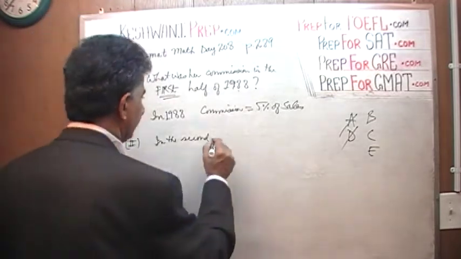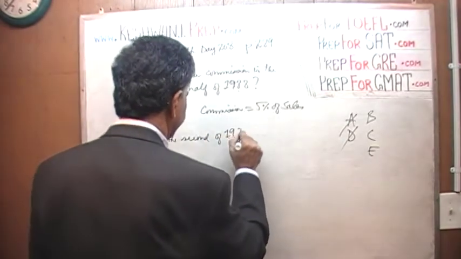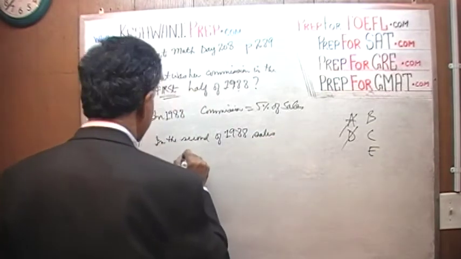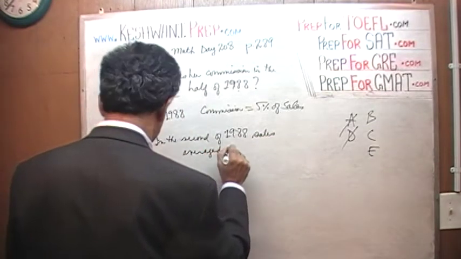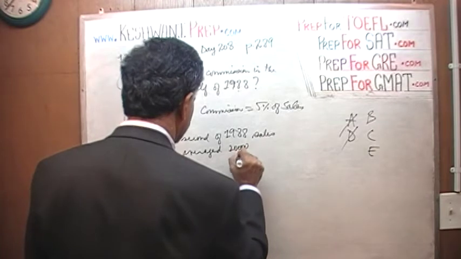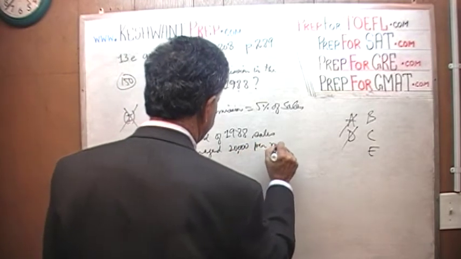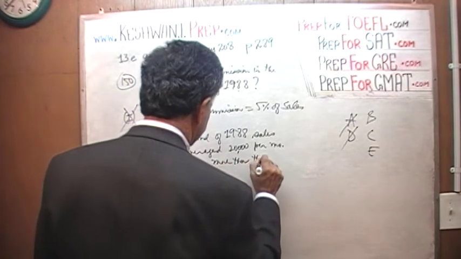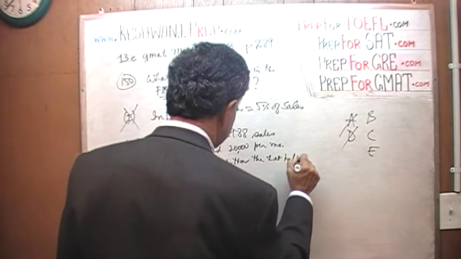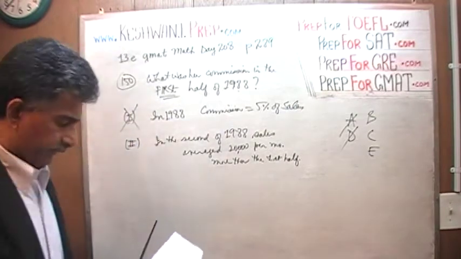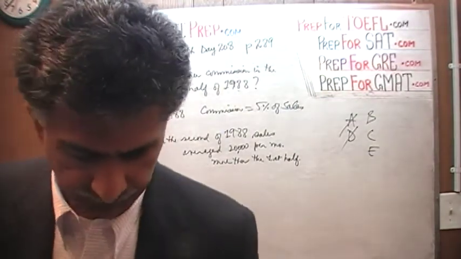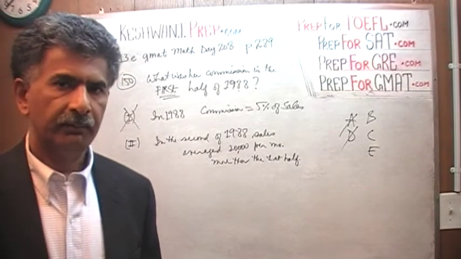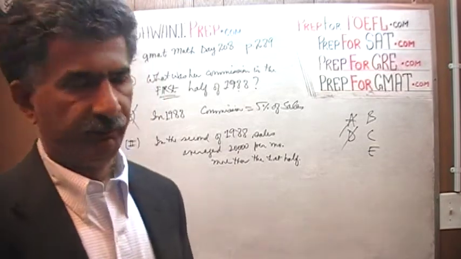In the second half of 1988, sales averaged $10,000 per month more than the first half. Well, there you go. They averaged $10,000 more per month than the first half, but that is the whole point. We do not know what the sales were in the first half.